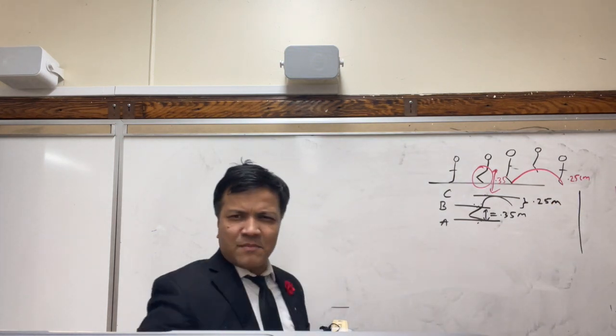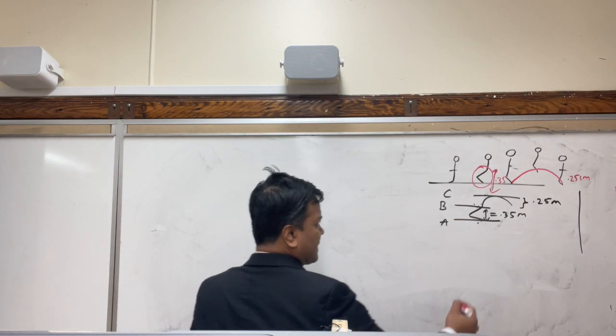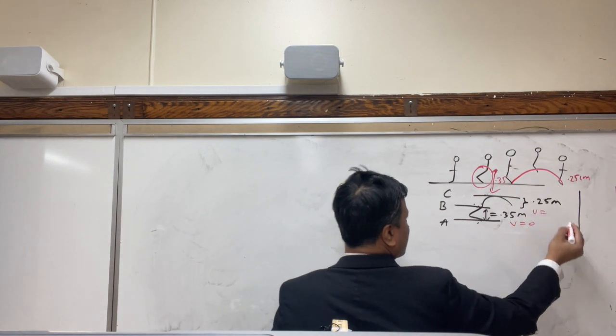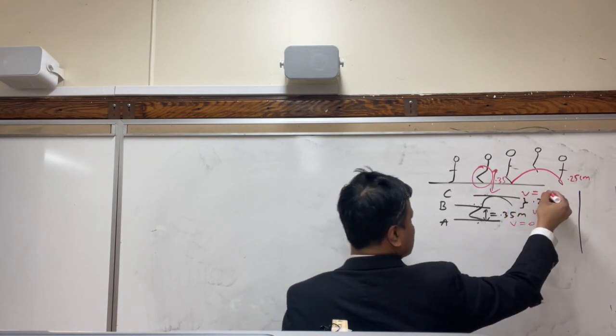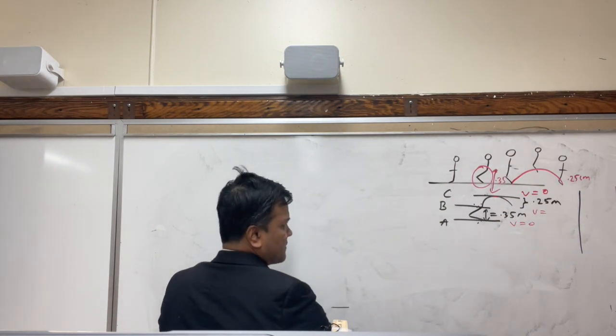Those all are the same units. The velocity at A is 0, velocity at B we're going to find, and velocity at C is also 0 because it's at the max height of the parabola.